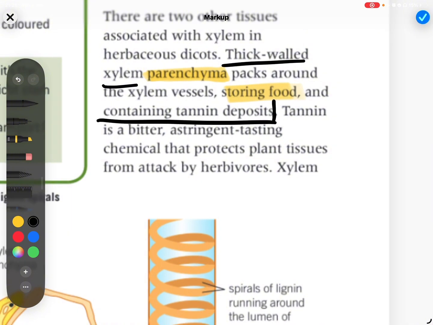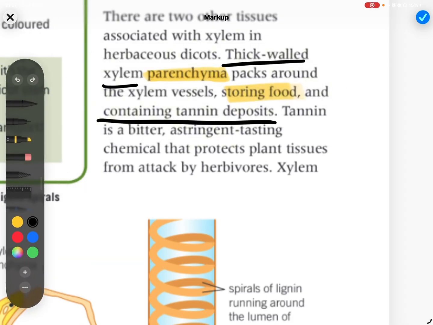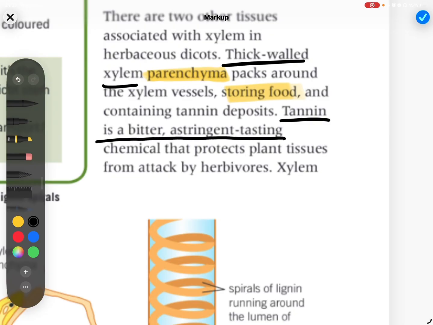Tannin deposits. They contain tannin deposits. Now, what is tannin, you may ask. Tannin is a bitter, astringent-tasting chemical that protects plant tissues from attack by herbivores. Notice how it says herbivores. What does that mean? Plant eaters. They eat plants.